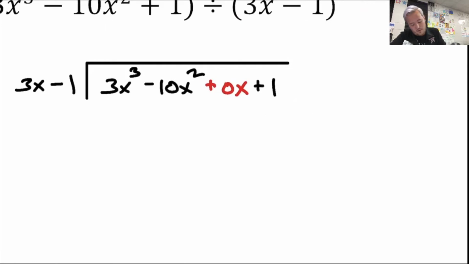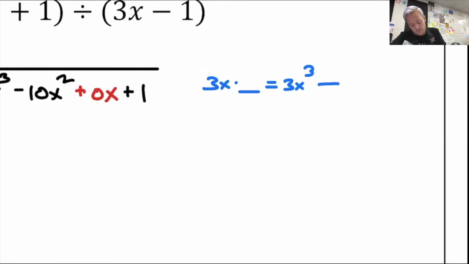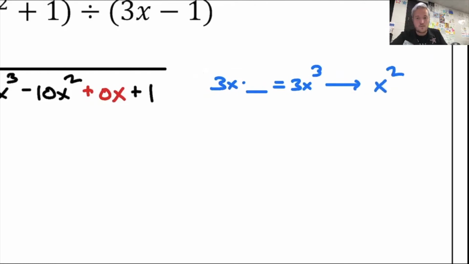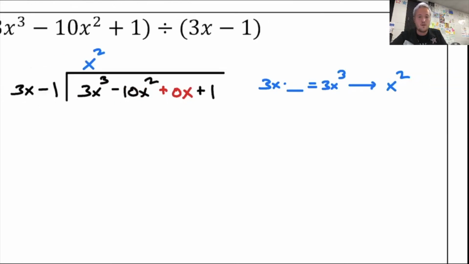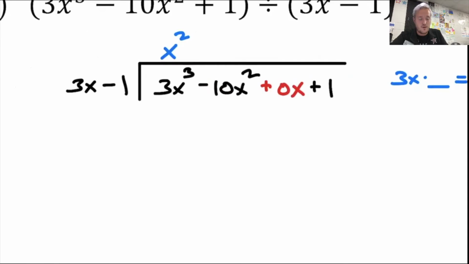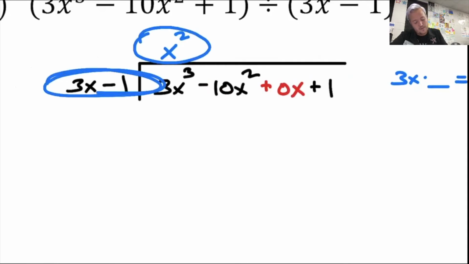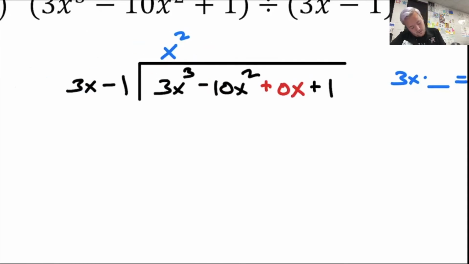So 3x times some value gives you 3x cubed. So that value is x squared. So that's what's going to be written up top. Now I'm going to do x squared times 3x minus 1. So 3x cubed minus x squared.